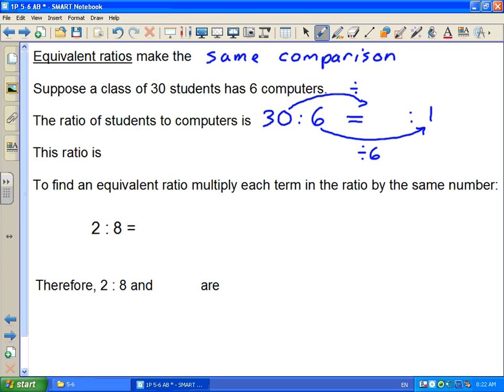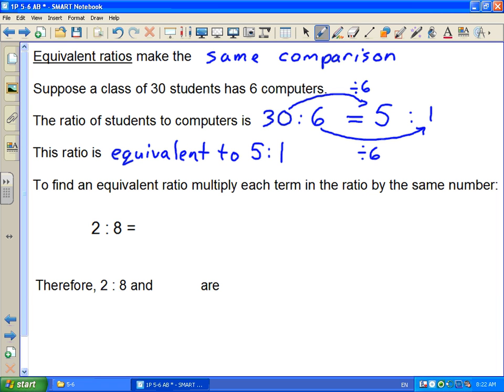I can divide it by 6 to get 5. So the ratio 30:6 is equivalent to the ratio 5:1.